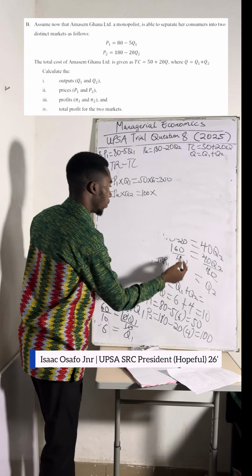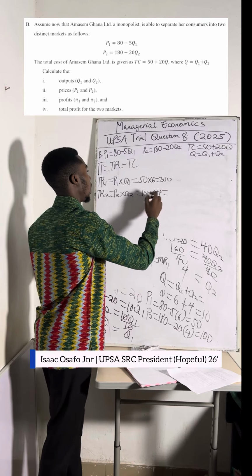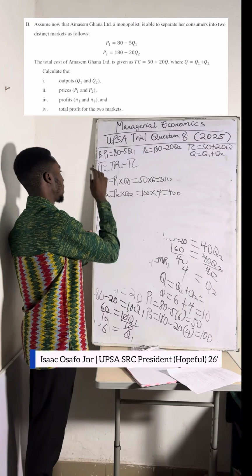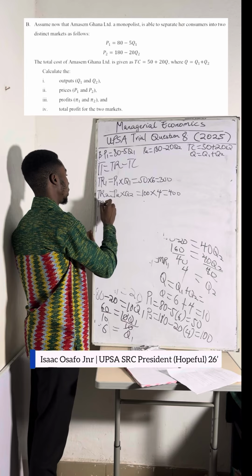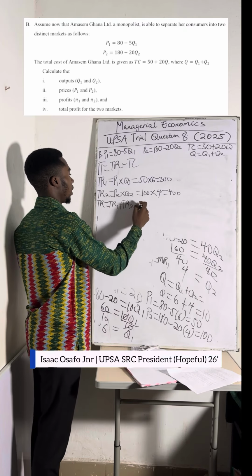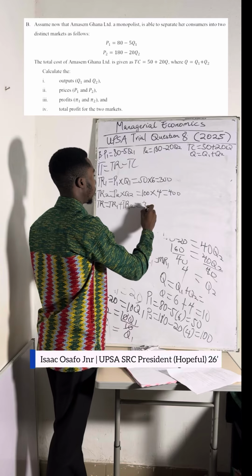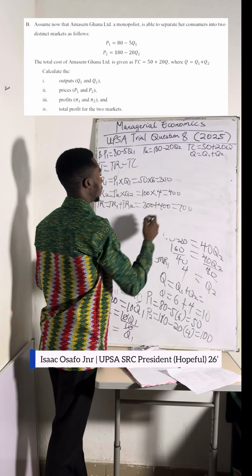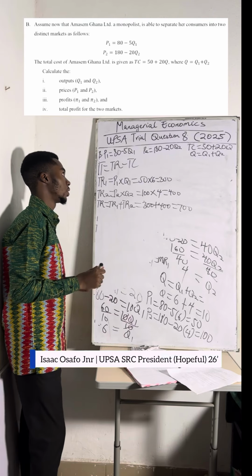Q2, we got it as 4. So 100 times 4, that should give us 400. So total revenue will be TR1 plus TR2, and that should give us 300 plus 400. And that is 700. So we found our total revenue.